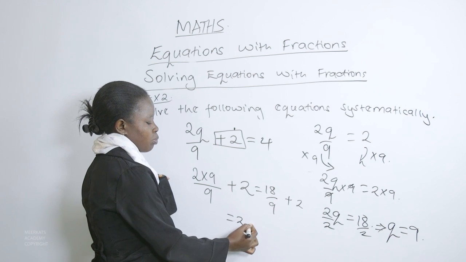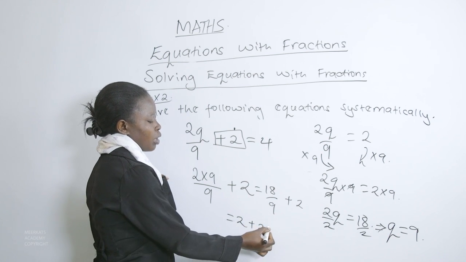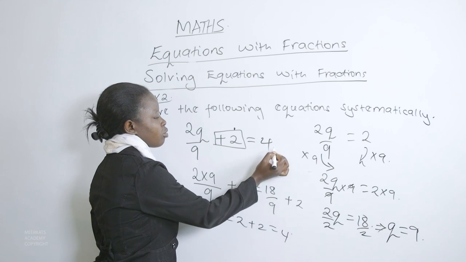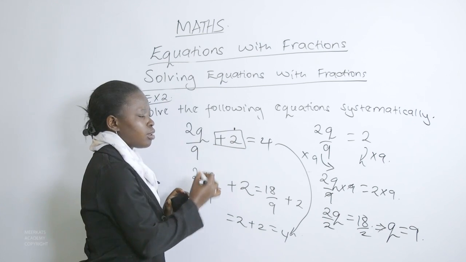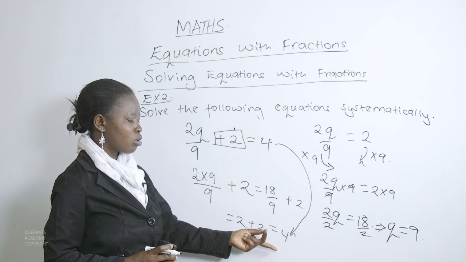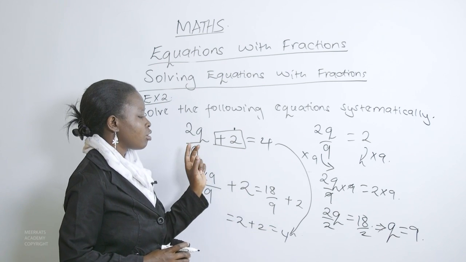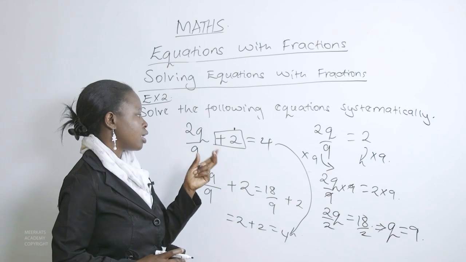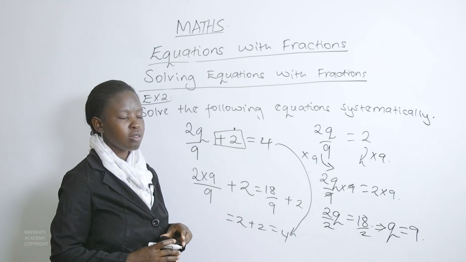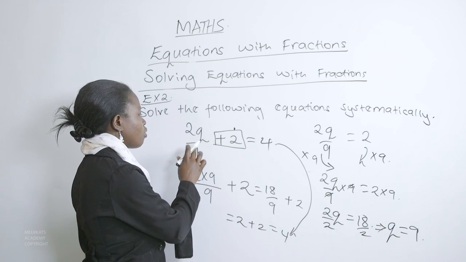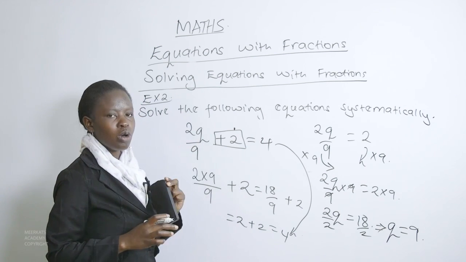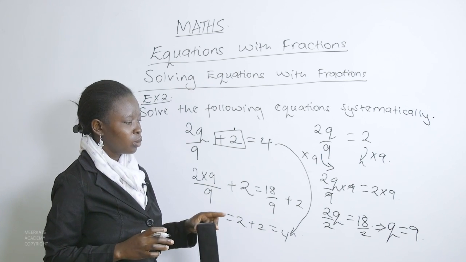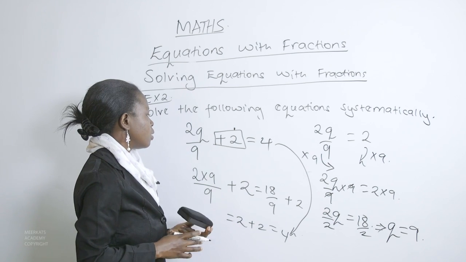So we have 2 plus 2. And 2 plus 2 will give us 4. So our right-hand side is 4. And the solution to the left-hand side expression is also 4. So it means that when q is 9, then this equation is true. So for this equation to be true, the value for q is equal to 9.